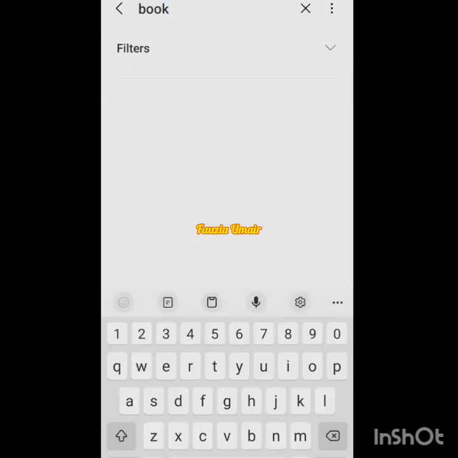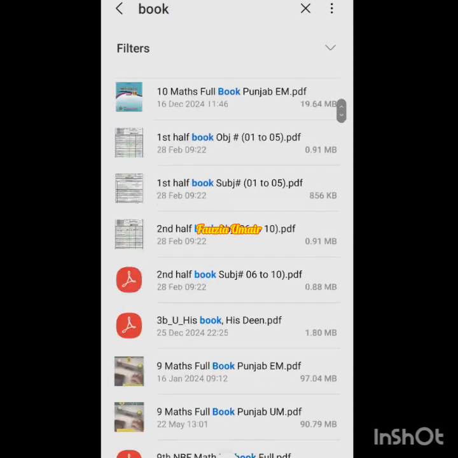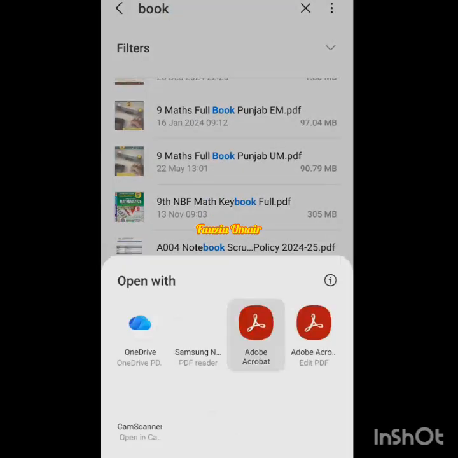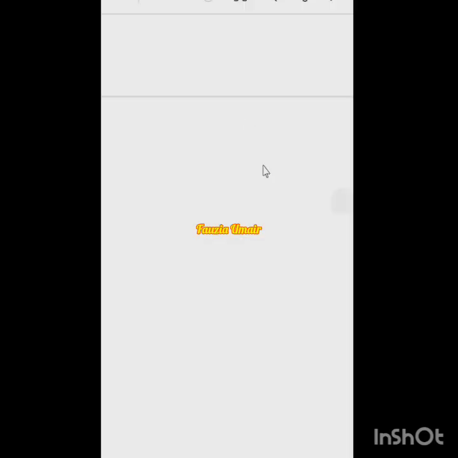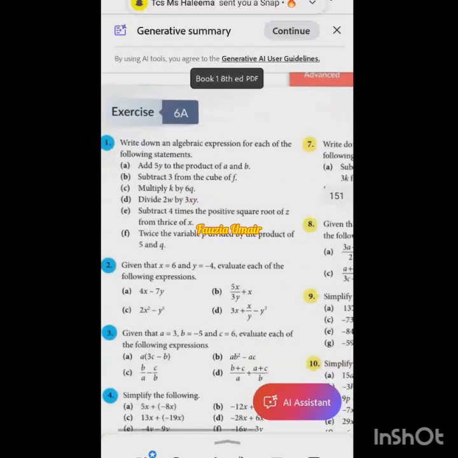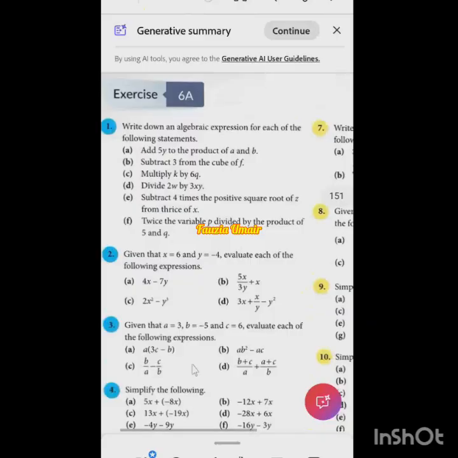It was the exercise. I opened the book yesterday, so we can just solve it. Right now we have done two LOs: one is changing statement to algebraic expressions, and the second is evaluating algebraic expressions. So now we can solve this. Ma'am, 1 minute, I'm coming. All right, sure.